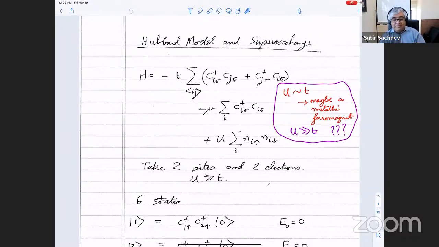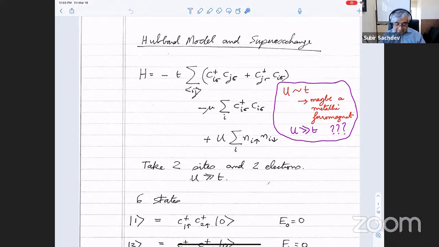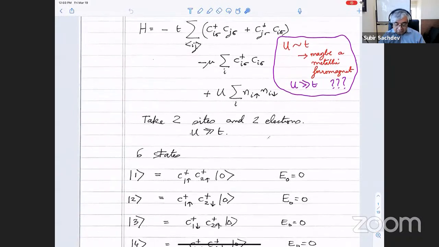The low energy subspace will be the states where no site has more than 1 particle on it, so you never have to pay this extra energy cost U. To second order in T, the dominant process is the super exchange interaction, and that can be understood by just considering, since you only work in second order, just two sites.